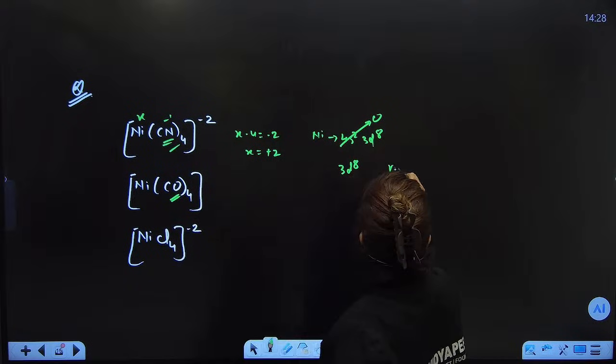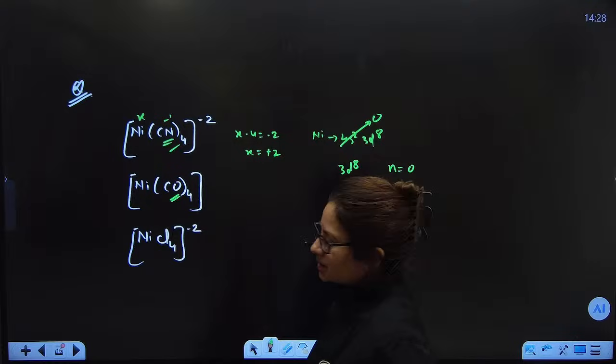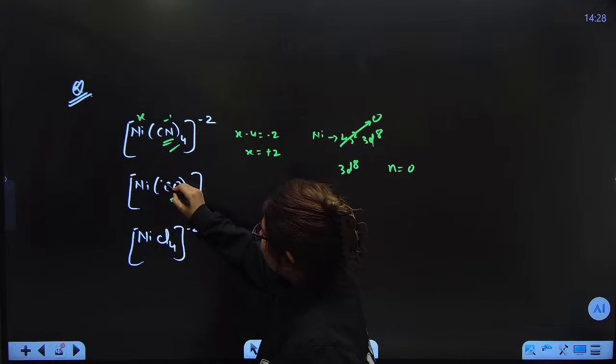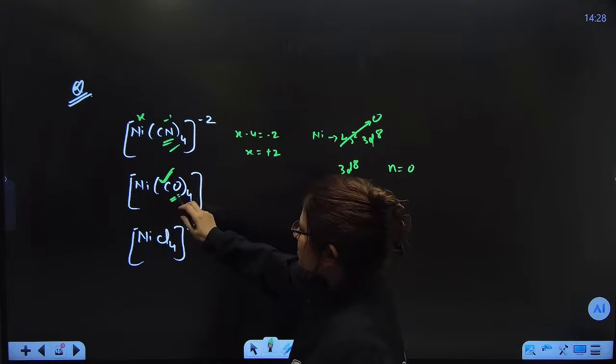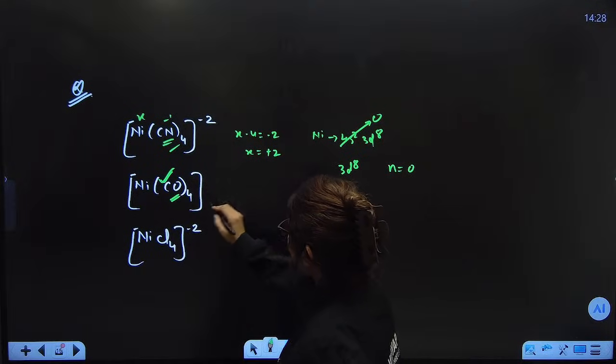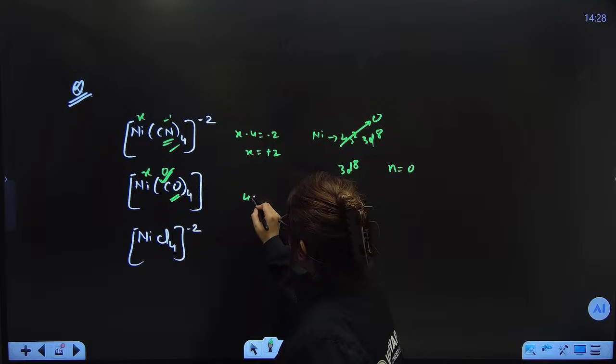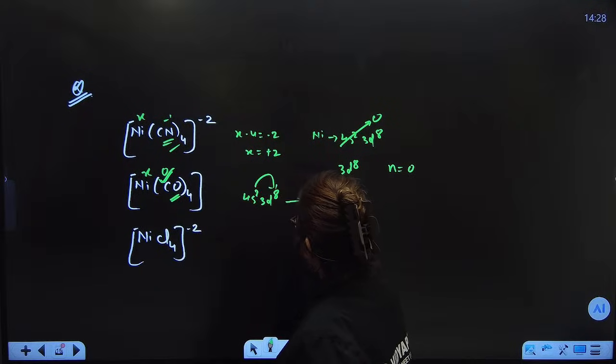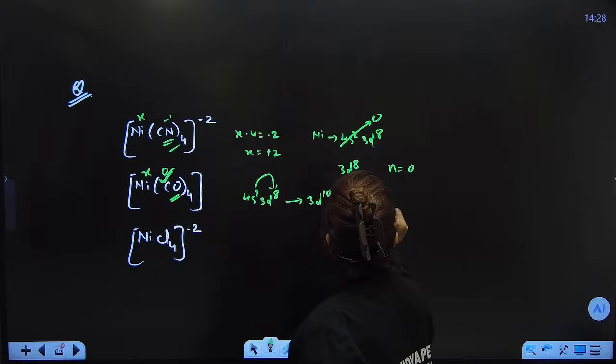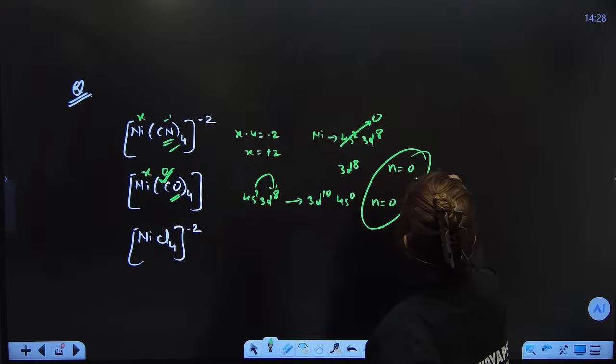The unpaired electron is 0, so it becomes diamagnetic in nature. The same thing will happen with the carbonyl because CO is also a strong ligand. It has a 0 charge. So nickel is 4s2 3d8, forcefully paired up, so it becomes 3d10 4s0, unpaired electron 0. So these two are diamagnetic in nature.